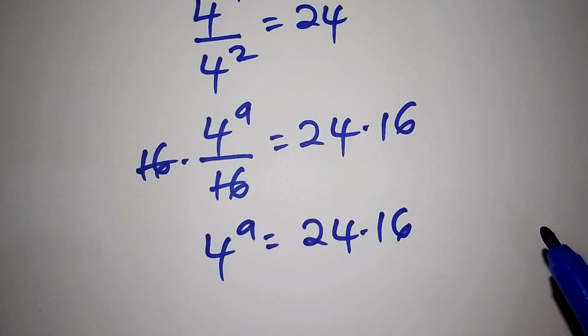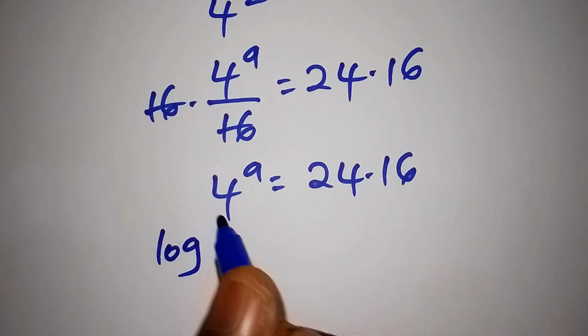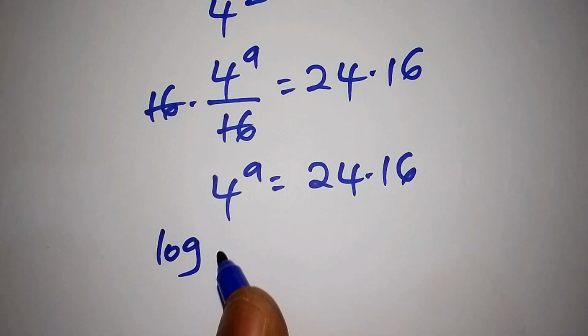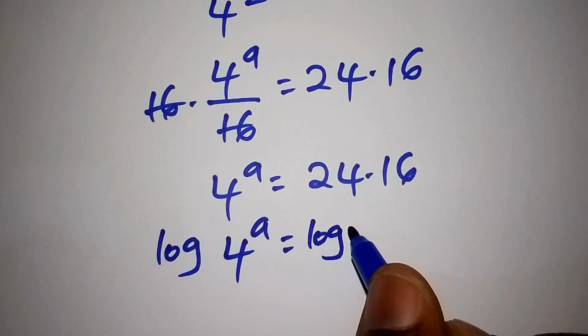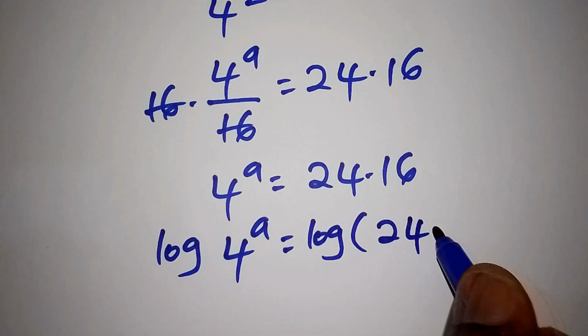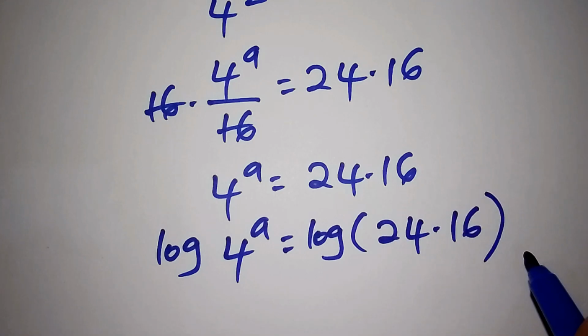So let's now introduce the log. We introduce the log from both sides. We shall now have the log of 4 to the power of a is equal to the log of 24 multiplied by 16.